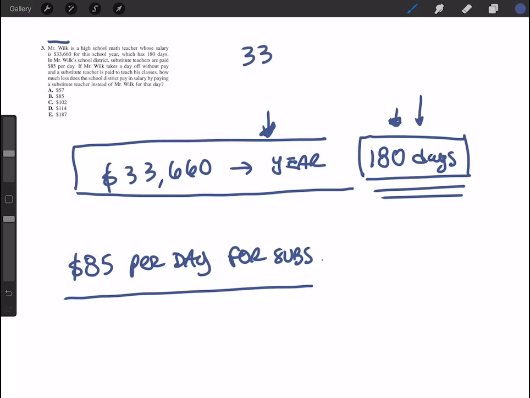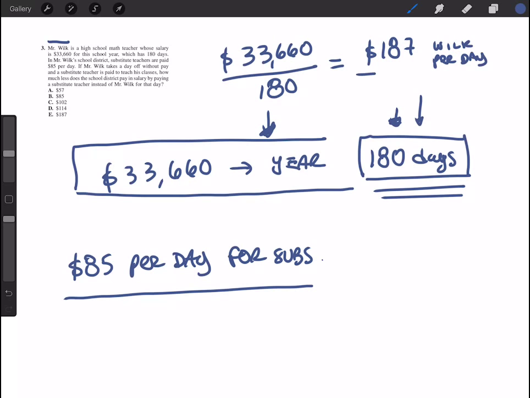So clearly, if we divide $33,660 in a year by 180 days, we will be able to know how much Mr. Wilk earns per day. So dividing, and I'm going to show you in a minute how to use the TI to do this, dividing 33,660 by 180 gives us $187. So this is what Mr. Wilk earns per day.